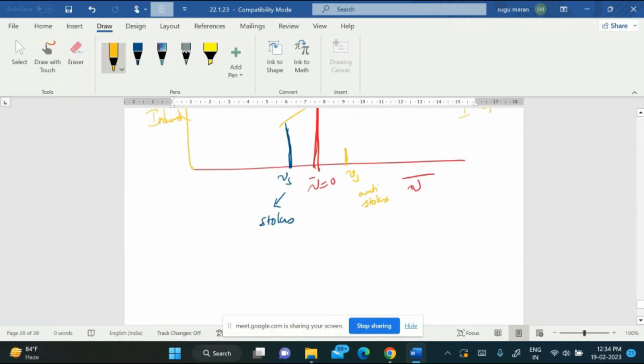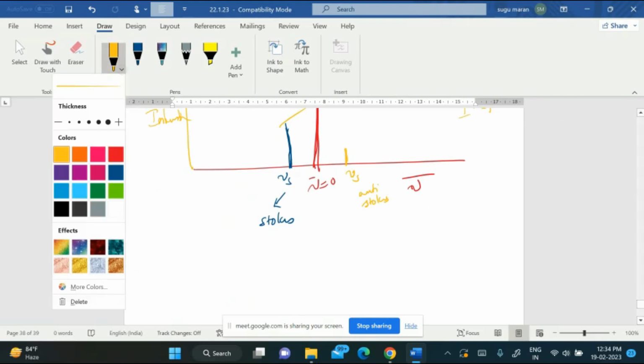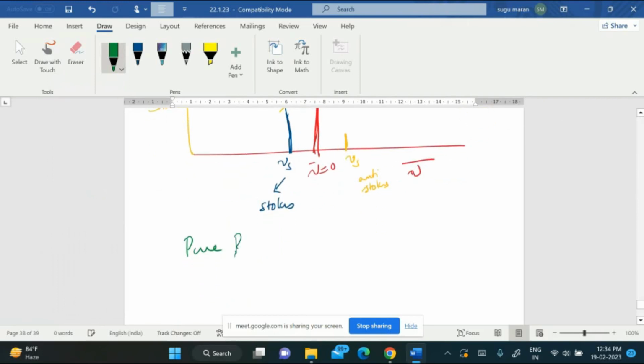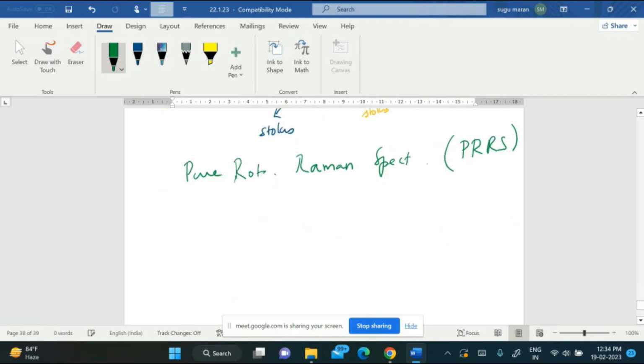And the last one is called rotational Raman. I'll deal with pure rotational Raman, then we'll stop here. So pure rotational Raman spectroscopy, PRRS. What does it mean?